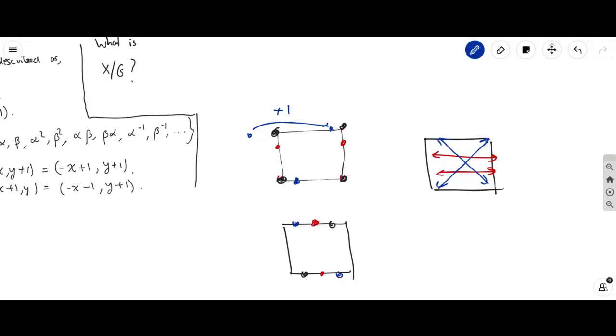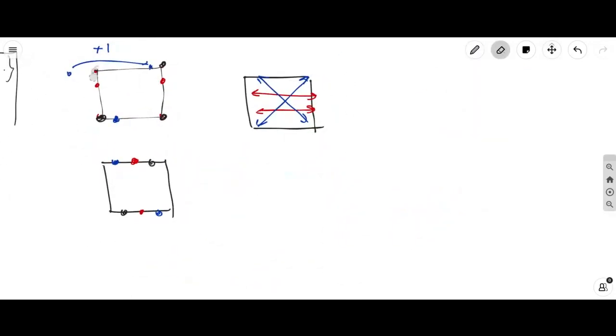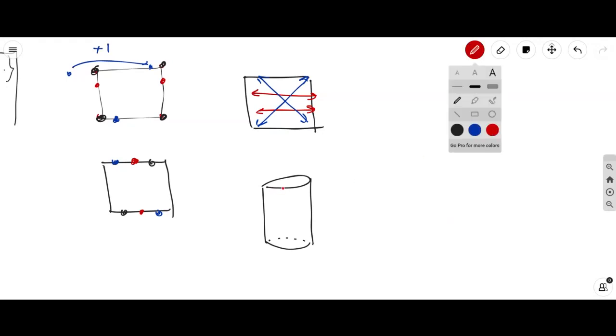So this is a more bizarre type of topological space. But let's try to visualize what we're doing here. If you take the ones that are going vertically and you glue them, you get a cylinder. Now this is how it's fundamentally different from the torus. On the torus, this point gets glued with that point.